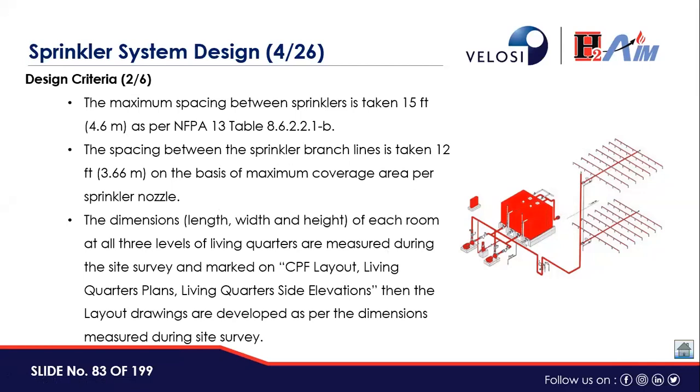The dimensions, length, width, and height of each room at all 3 levels of living quarters were measured during the site survey and marked on the layout, living quarter plans, and living quarter side elevations. Then the layout drawings are developed as per the dimensions measured during the site survey.